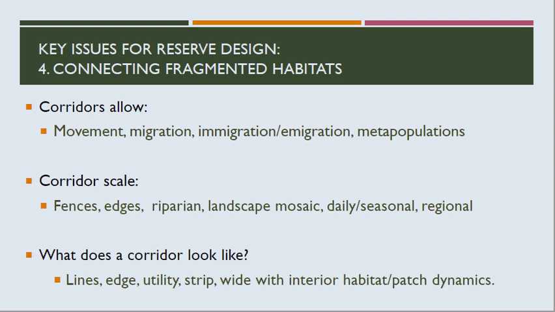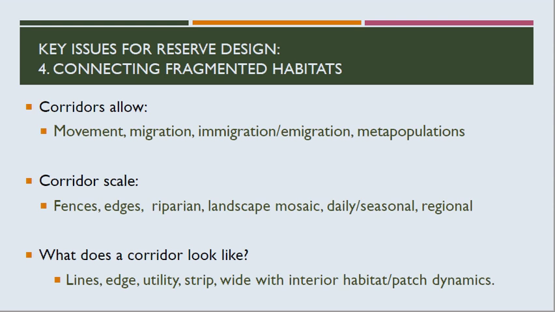They can all be corridors, and a corridor would basically be an area of land which is large enough or wide enough to enable plants and animals to move along it with a degree of safety and be able to move between different patches.